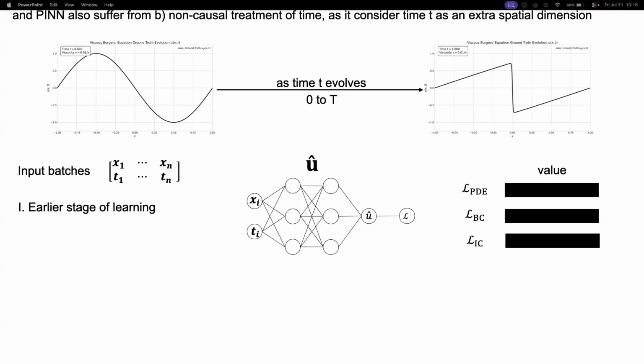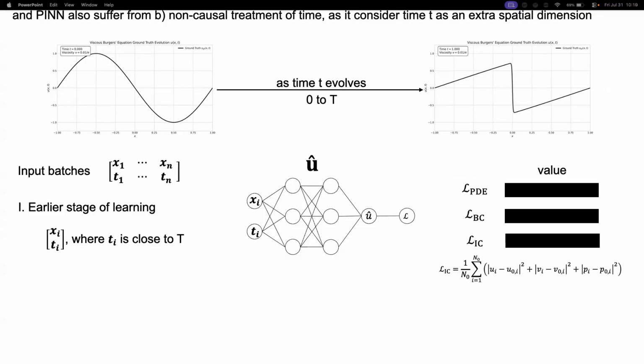And suppose in the early stage of learning, with a bit of luck, the batches where t_i is closer to T rather than 0, so it learns the later stage of the partial differential equation system.